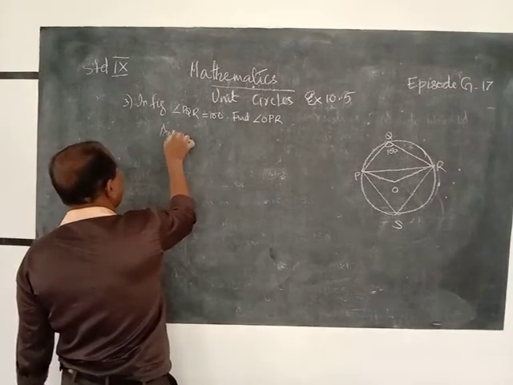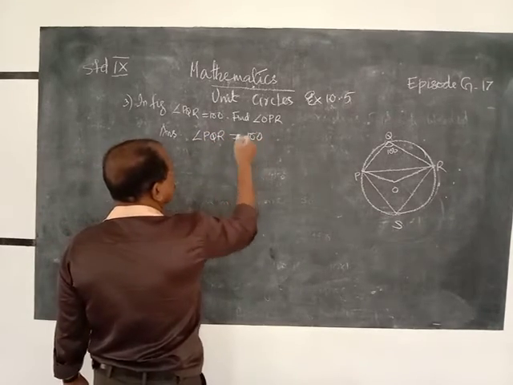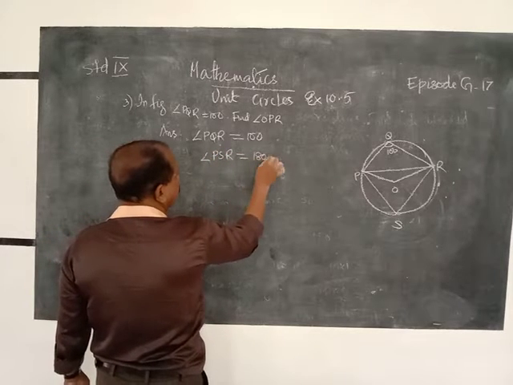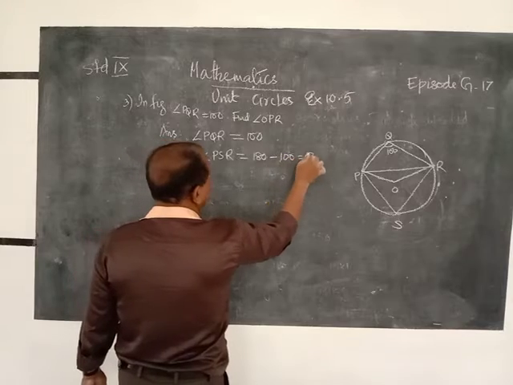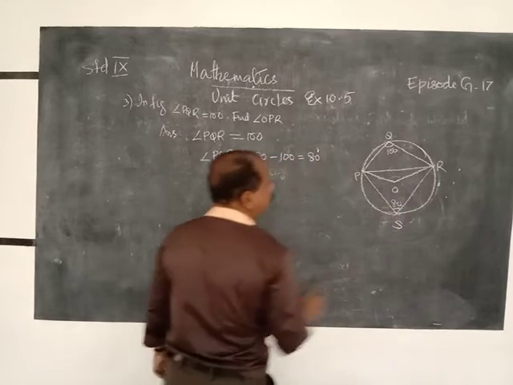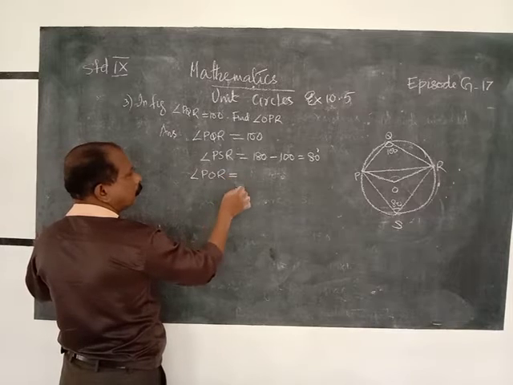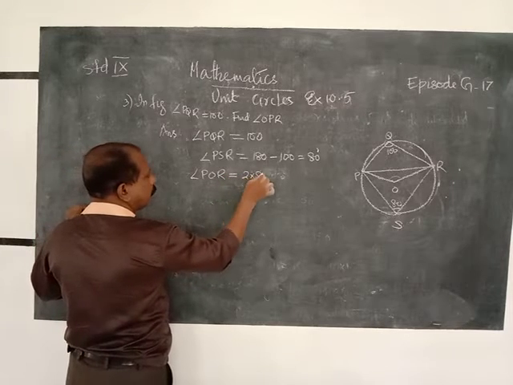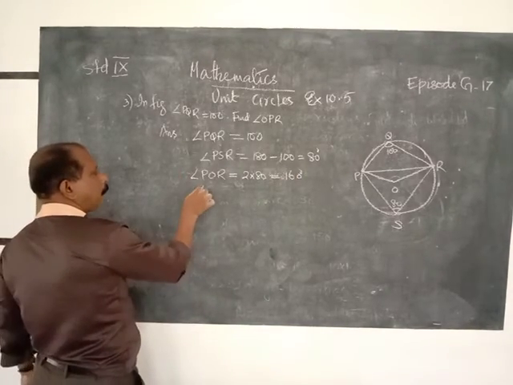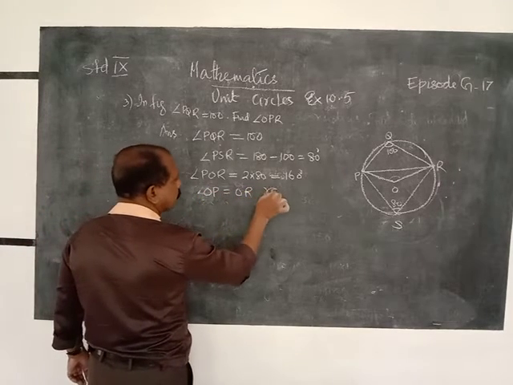Answer: angle PQR is equal to 100. Therefore, angle PSR is equal to 180 minus 100, which is 80 degrees. Therefore, this angle is 80 degrees. This angle is twice that one. Therefore, angle POR is equal to 2 into 80, which is 160 degrees. And OP is equal to OR, that is the radius.